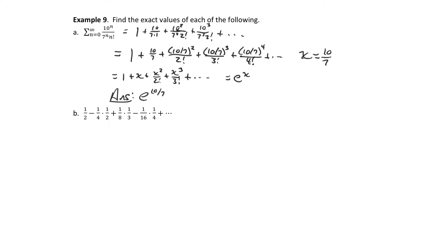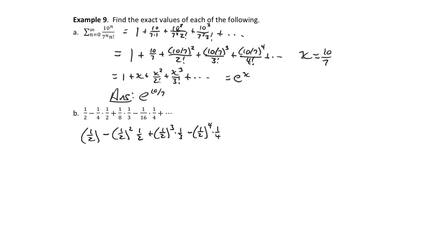So let's make these powers of 2 a little bit more obvious. We end up with 1/2 minus 1/2 squared, well, okay, I said powers of 2, also powers of 1/2 if we include the numerator, and then that's multiplied by 1/2. And then plus 1/2 cubed times 1/3 minus 1/2 to the 4th times 1/4.